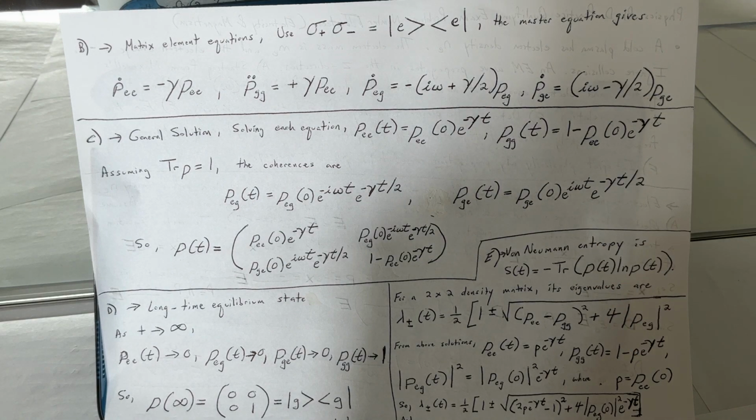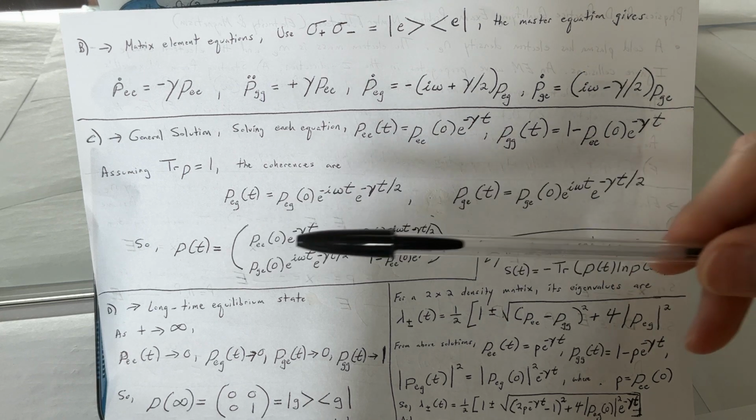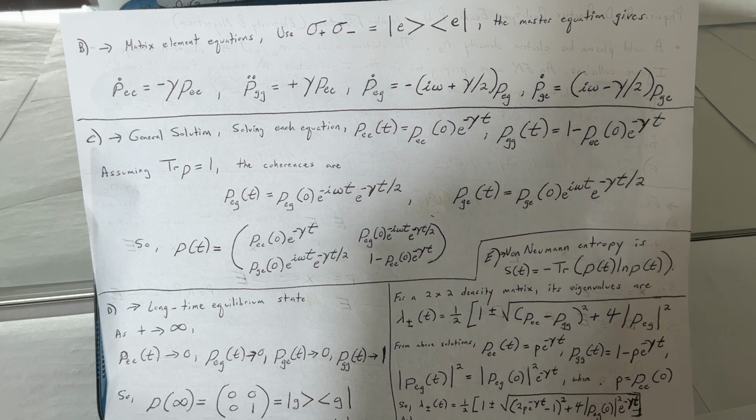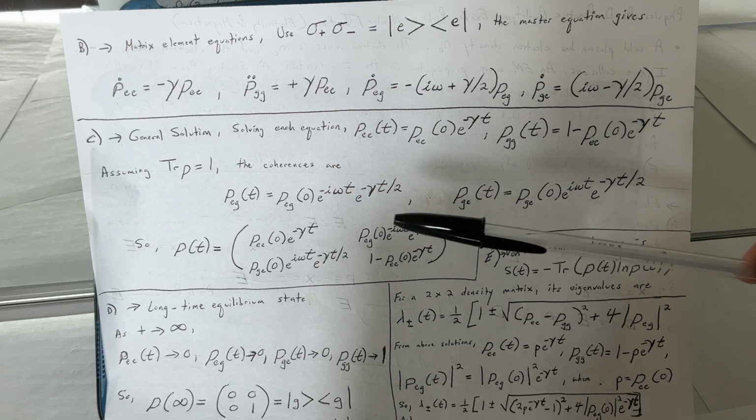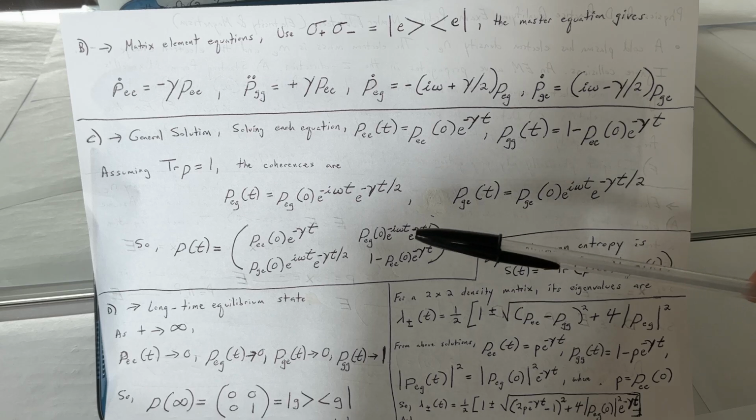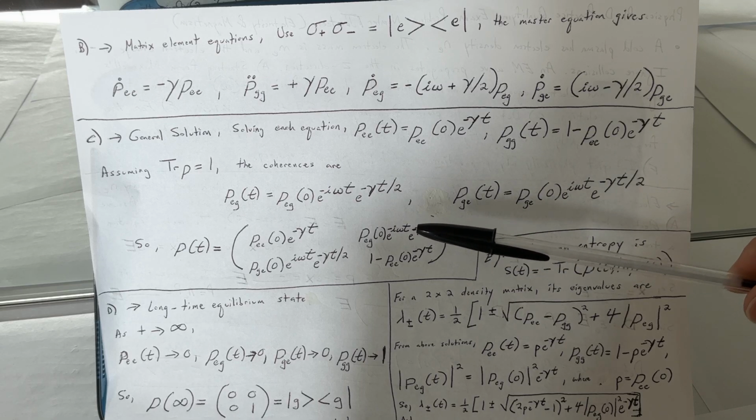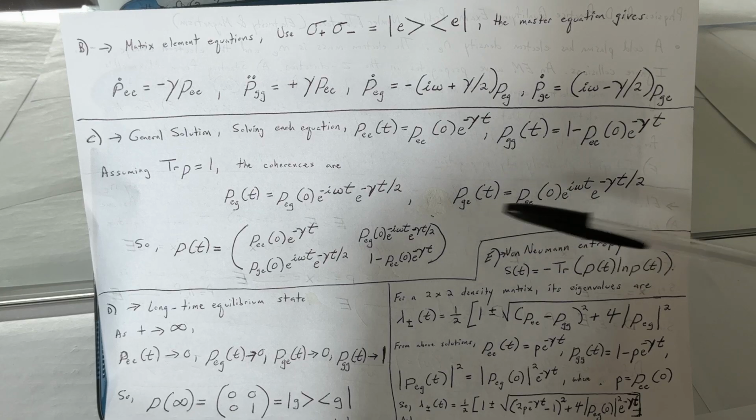So rho of t equals, for the first row, you have rho sub EE of 0, e to the negative gamma t, rho sub EG of 0, e to the negative i omega t, sorry about that, e to the negative i omega t, e to the negative gamma t over 2. So that's a negative gamma t over 2 there.